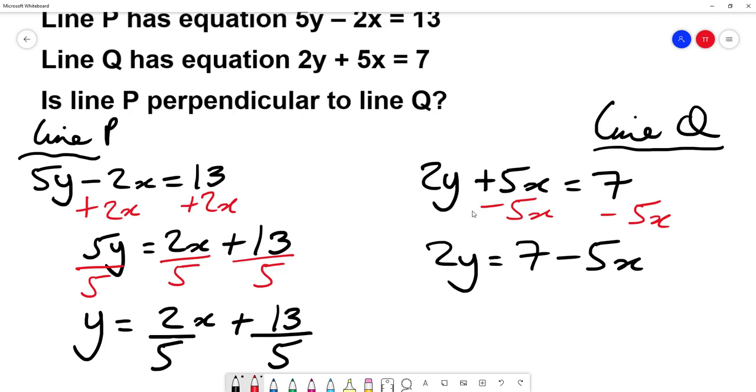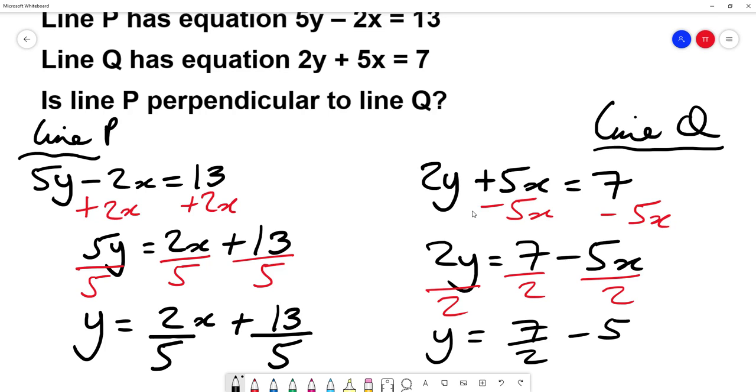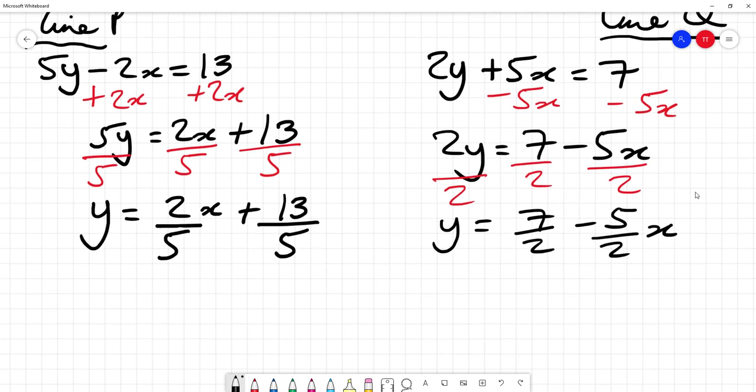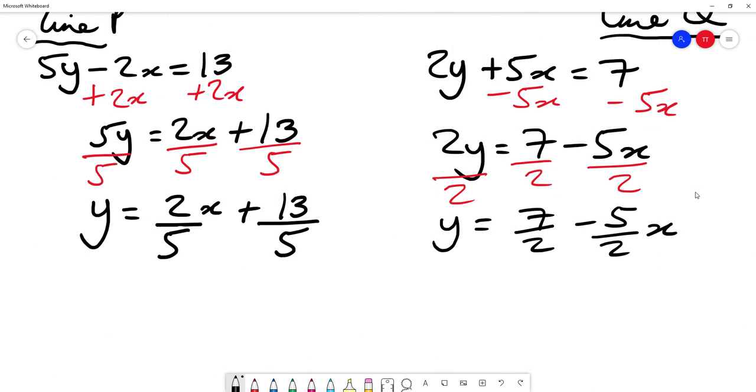Divide everything by 2, like so. And then we end up with y equals 7 over 2 minus 5 over 2x. But we want it in the form of y equals mx plus c. So I'm just going to rewrite it as y equals minus 5 over 2x plus 7 over 2.